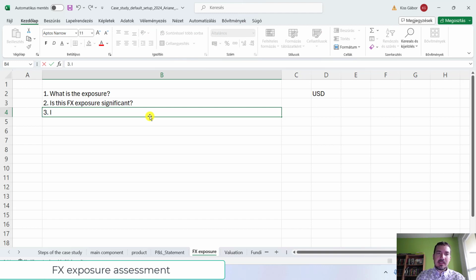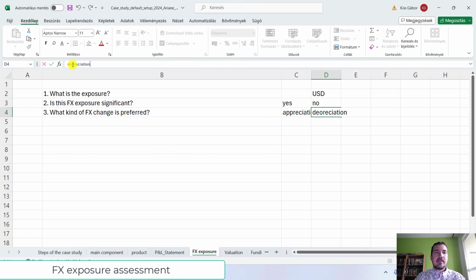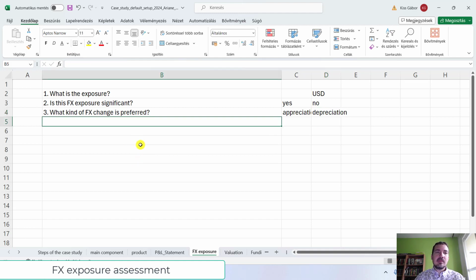Third point is what kind of foreign exchange change is preferred? Appreciation, depreciation. Then, what is the historical trend?